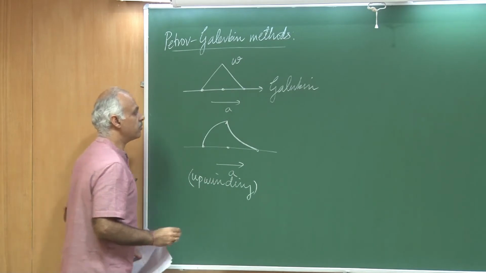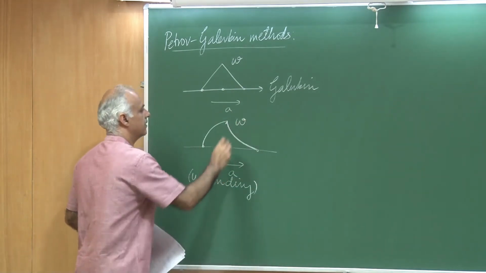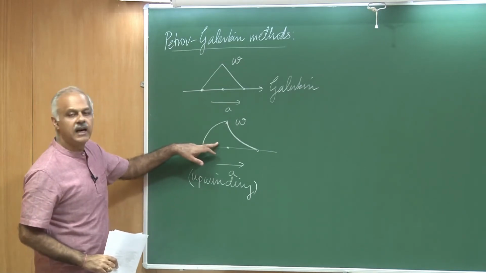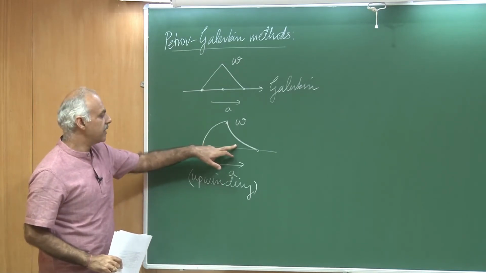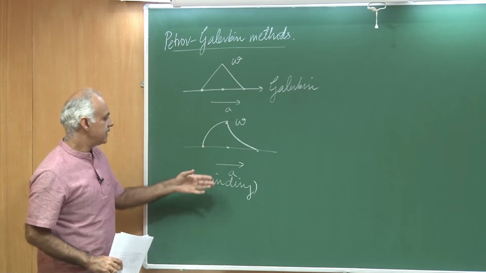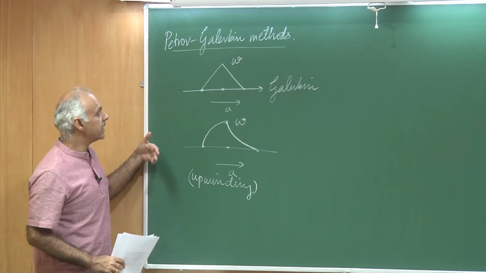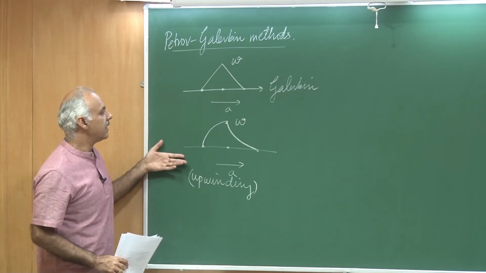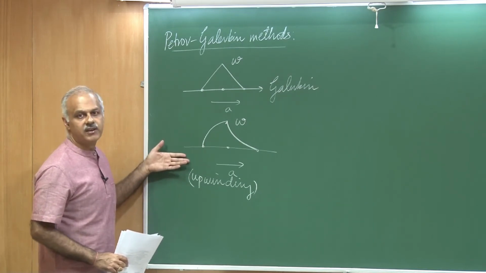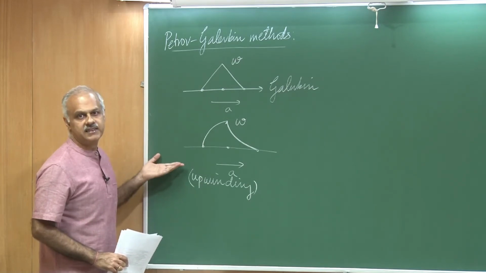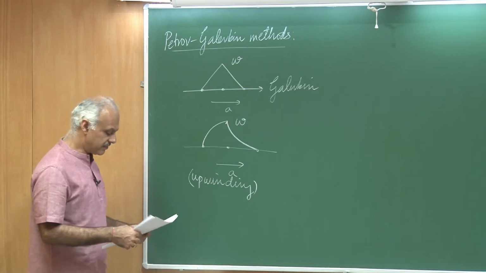If I can propose a W which has more weightage for the upstream part as compared to the downstream part, then this automatically gives rise to upwinding. So this is how we can incorporate upwinding in the context of a finite element method and still be consistent. Okay, so that actually is very important.